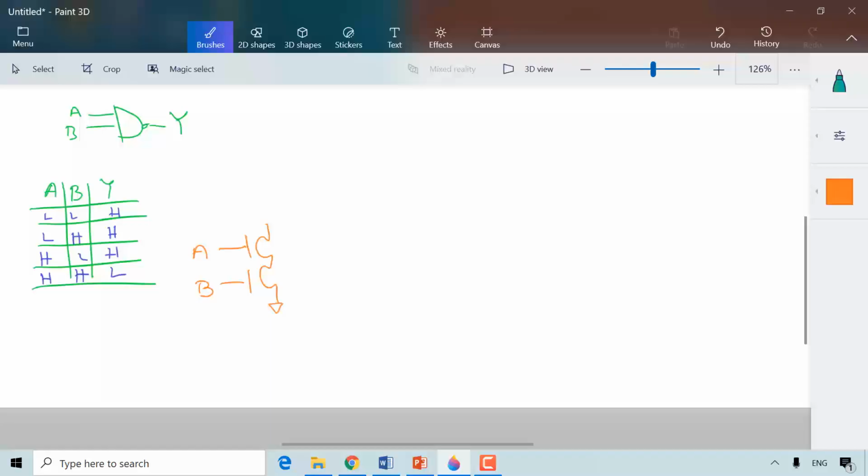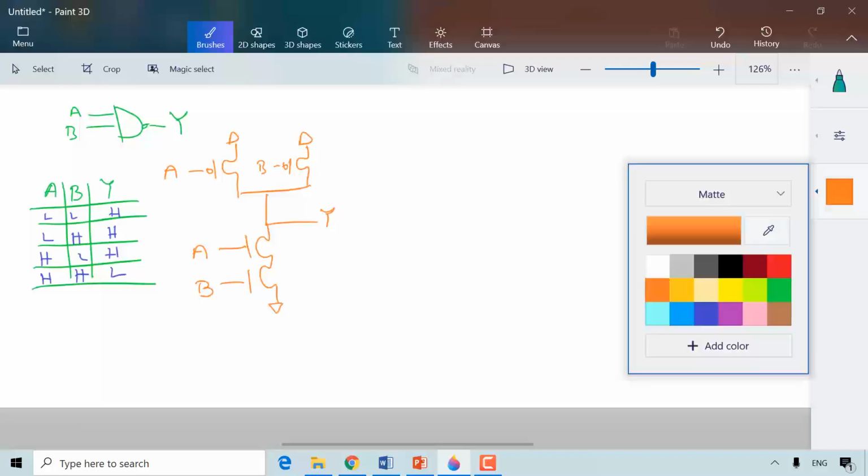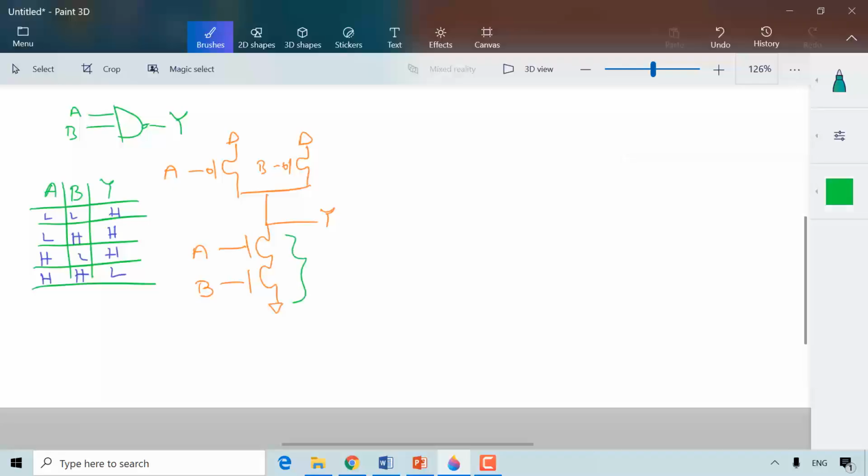So here we have the NMOS in series, and the PMOS are in parallel. So here's the PMOS power supply, and here's the PMOS power supply. Notice again my earlier comment: this series implies AND logic, and whatever we do in the NMOS, we do the opposite in the PMOS.